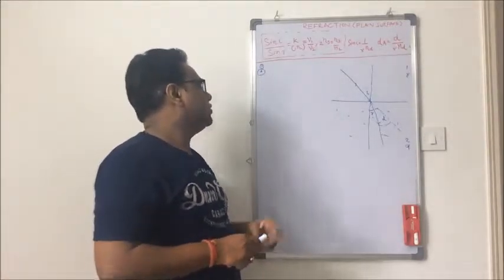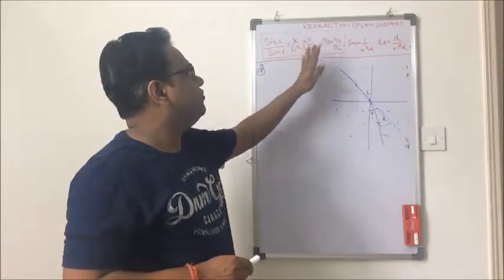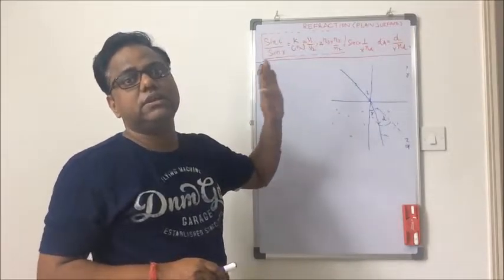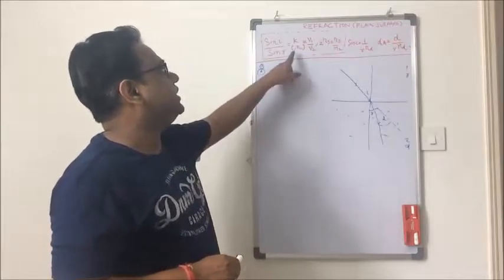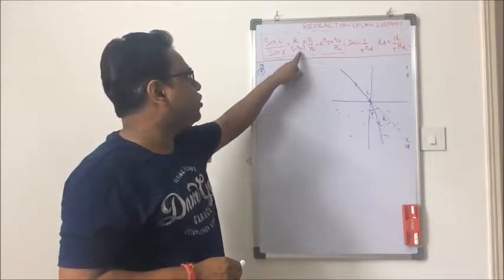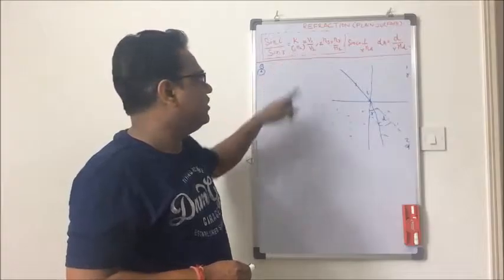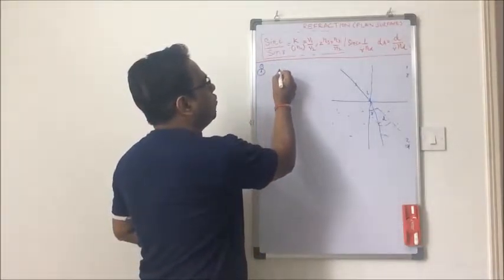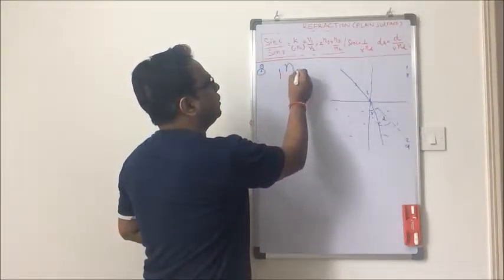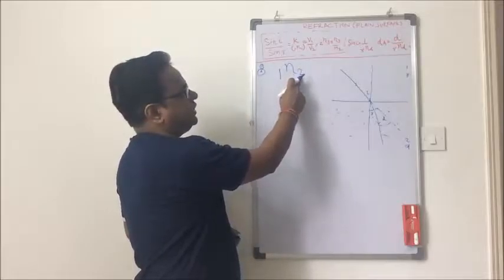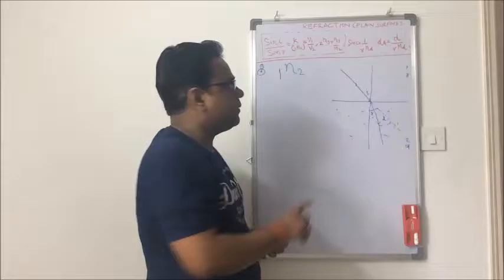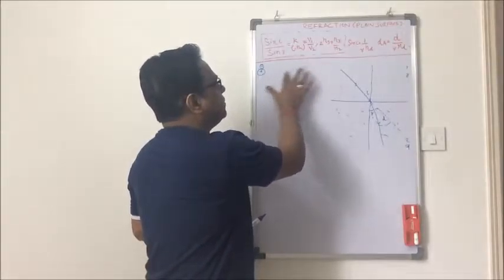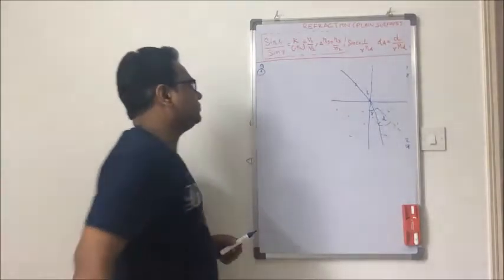That constant was defined as the refractive index of 2 with respect to 1, and we write it as n12. So that's the way we define refractive index.